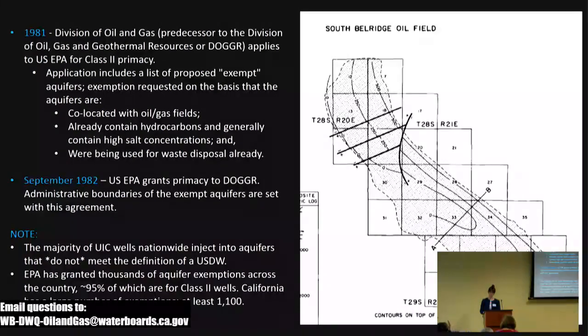So we're concerned, number one, about the future of water, especially for Southern California outside of the Central Valley. We may have generated very large amounts of indirect potable reuse water, and the only place we can store it is in the ground. So we're quite concerned about exempt and non-exempt aquifers within areas where we may need storage, and storage becomes an issue.